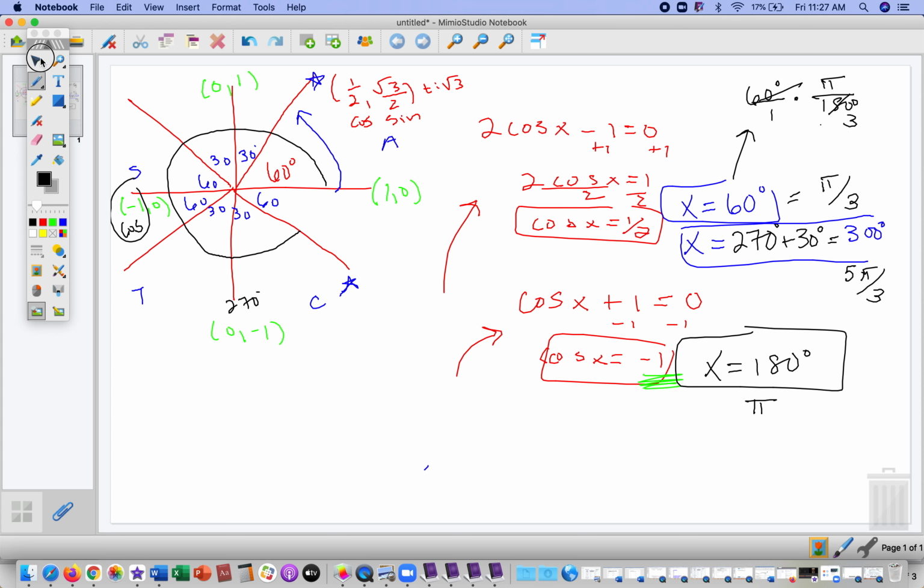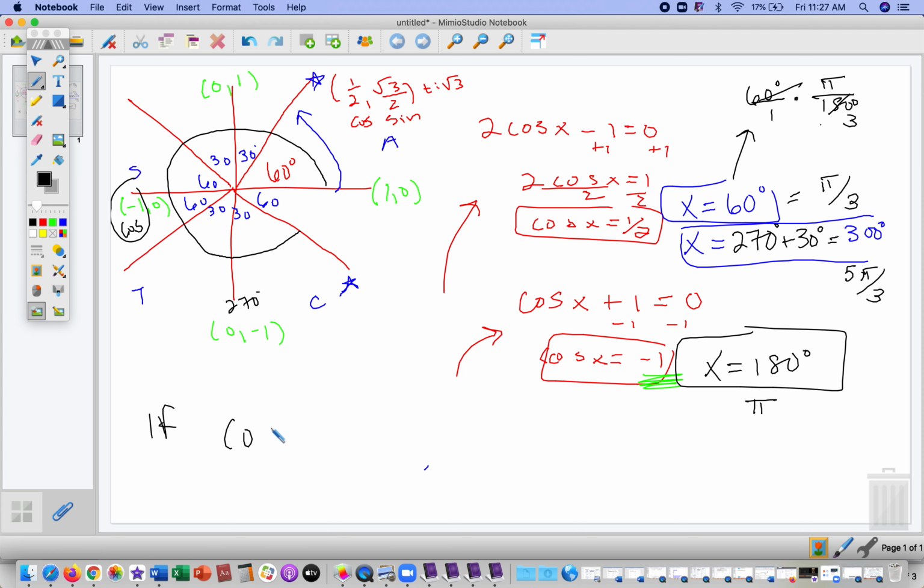Okay, let's do one more. Now let's practice using the quadratic formula. Now notice when it said cos x equals a half, cos x equals -1, those were values also on our unit circle, right? When you see ratios or integers on the unit circle, you know that you don't have to put it in your calculator.